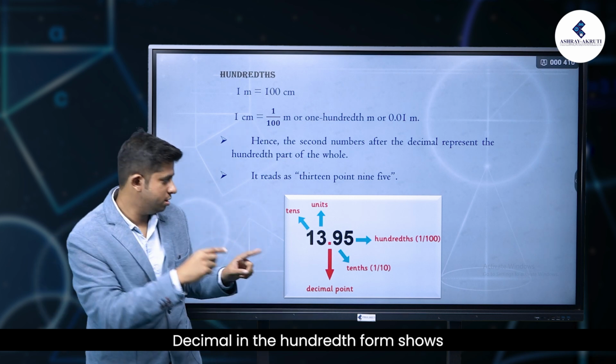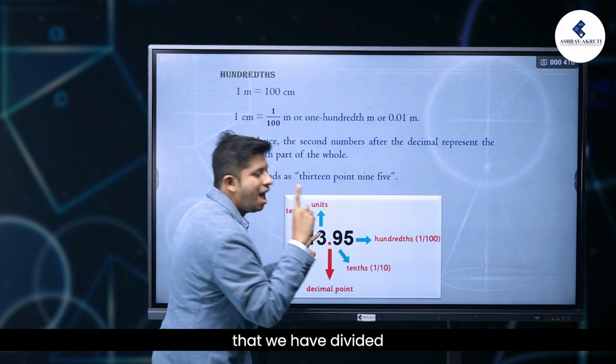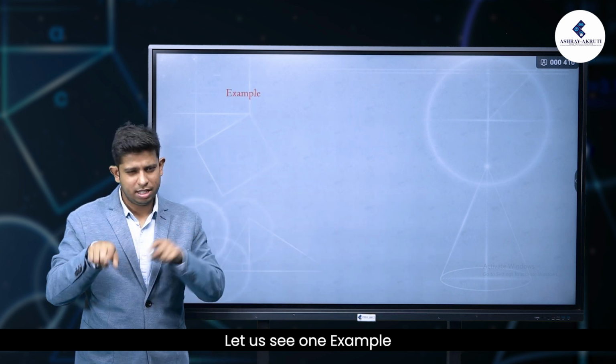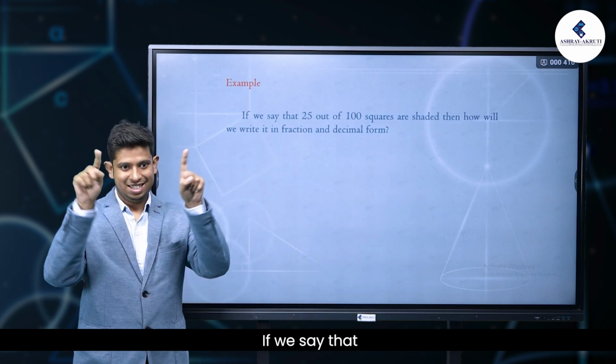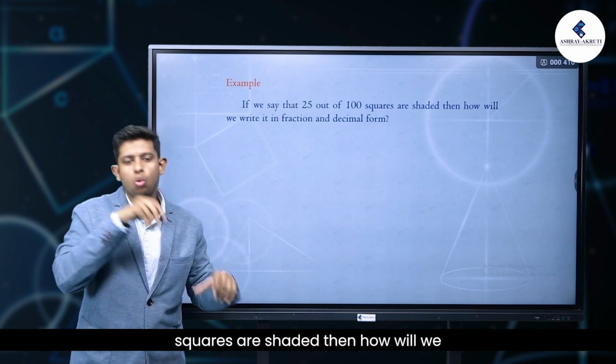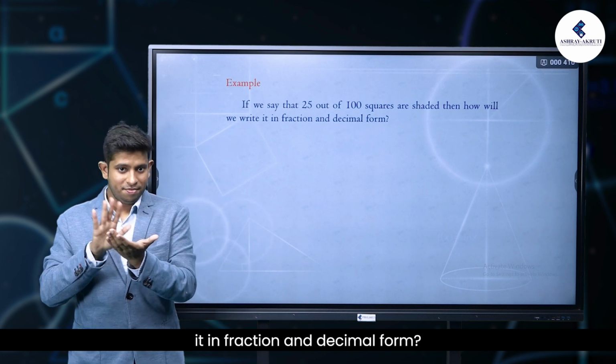Decimal in the 100th form shows that we have divided the number into 100 equal parts. Let us see one example. If we say that 25 out of 100 squares are shaded, then how will we write it in fraction and decimal form?